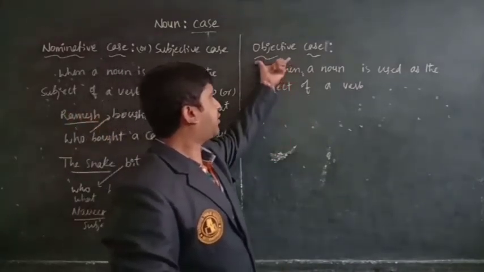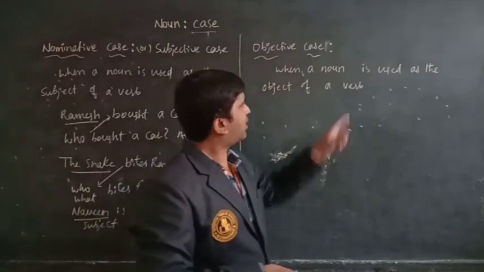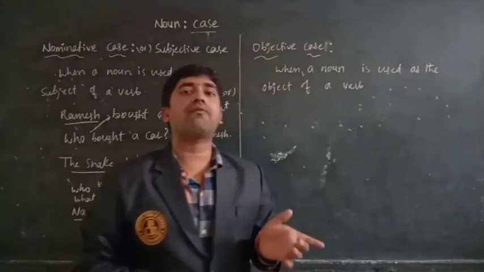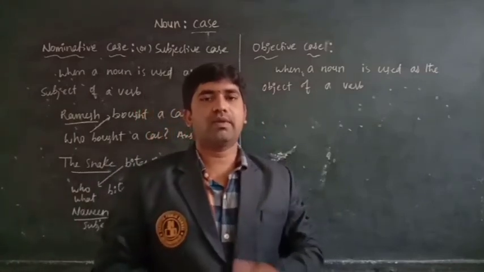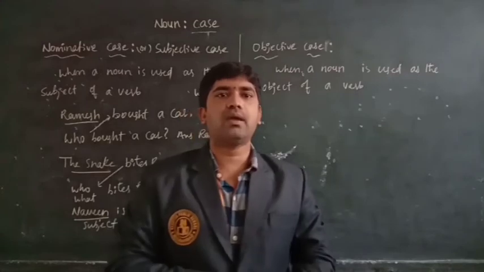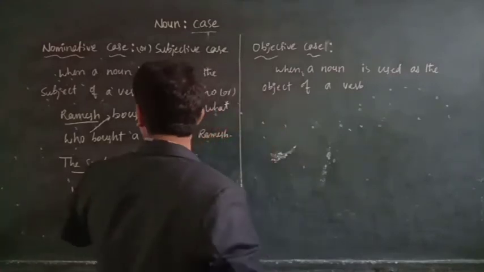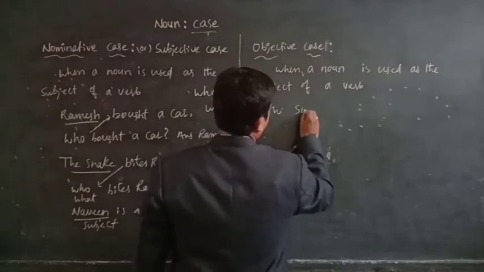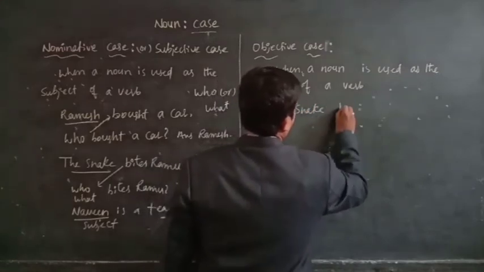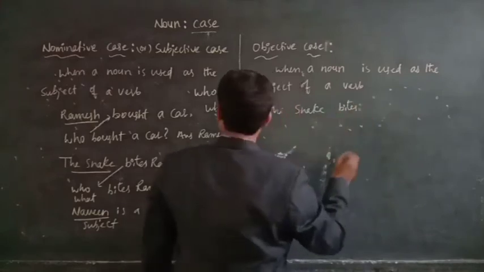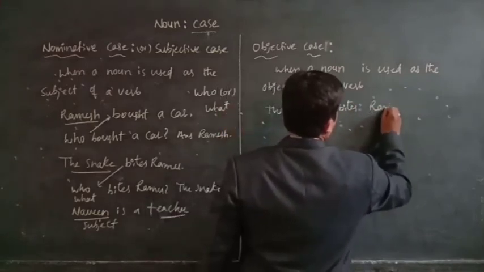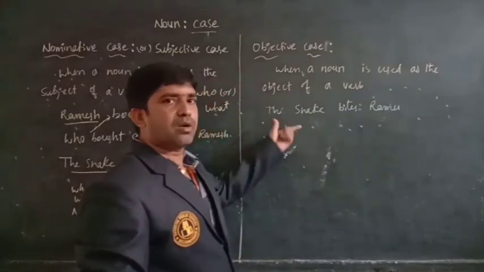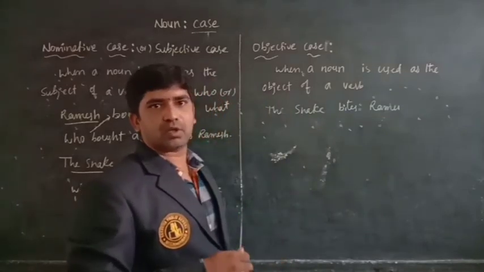Now the objective case: when a noun is used as the object of a verb. Take the same example: the snake bites Ramu. For knowing the subject we ask the question with who.